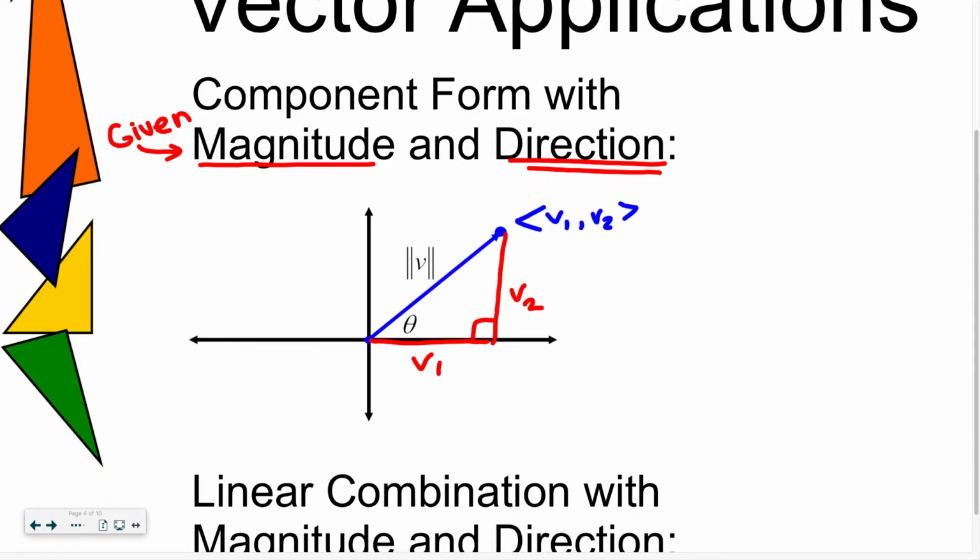Sine and cosine. So for example, if we were interested in what is our horizontal component, couldn't we say that the cosine of the angle theta is equal to v sub 1 over the magnitude, the adjacent over the hypotenuse? And then if we were really interested in what is actually v sub 1, we could just multiply both sides by the magnitude.